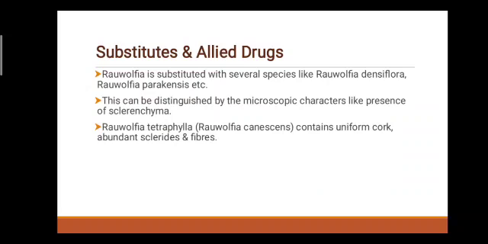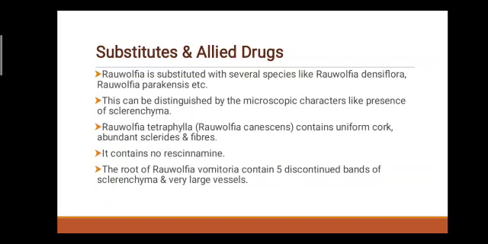Rauwolfia tetraphylla and Rauwolfia canescens contain uniform cork, abundant sclerites and fibers. It contains no rescinnamine. The root of Rauwolfia vomitoria contains 5 discontinuous bands of sclerenchyma and very large vessels.